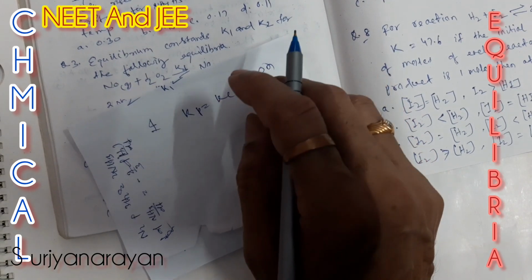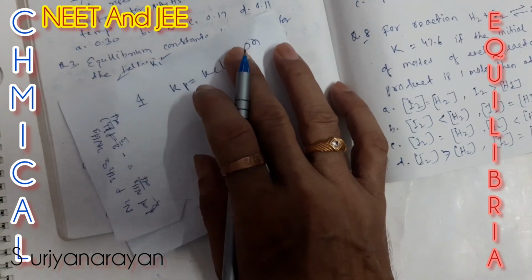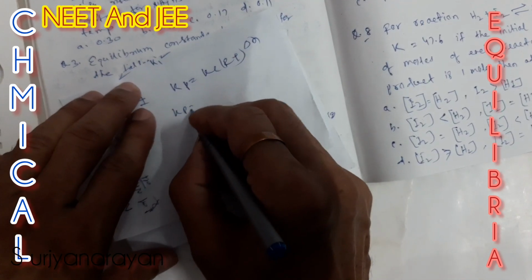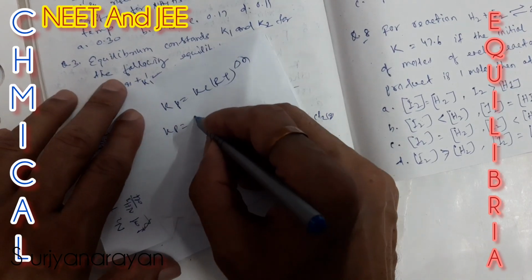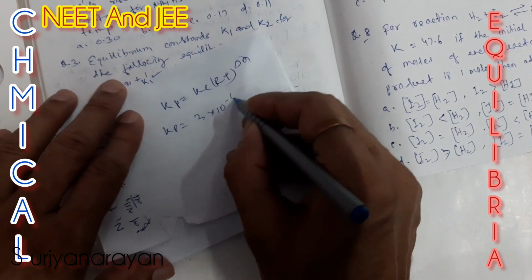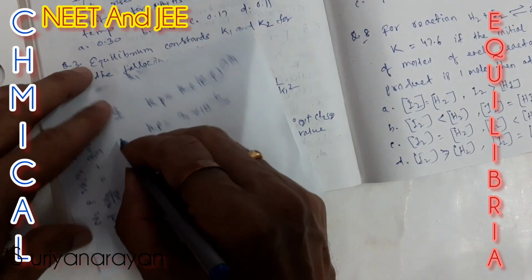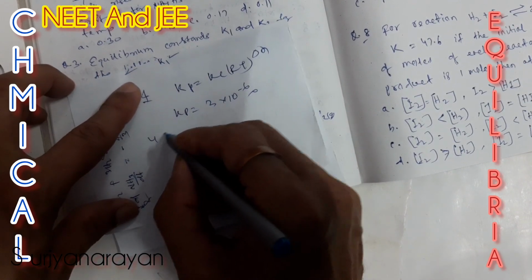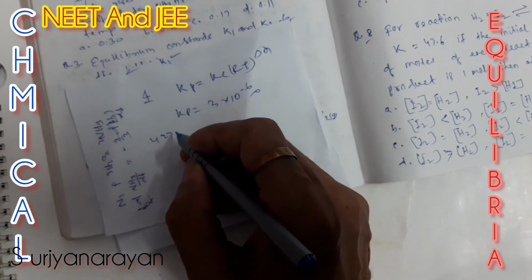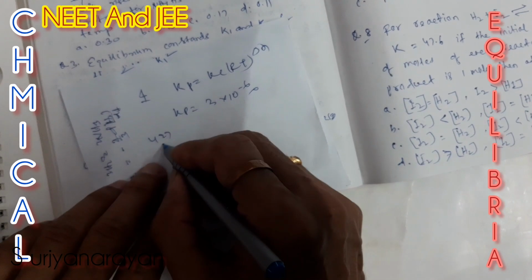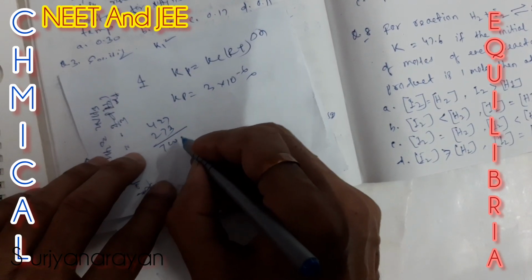So your Kp is equal to the Kc value given, 3 multiplied by 10 to the minus 6, and this is your T, 427 plus 273, you are getting 700.